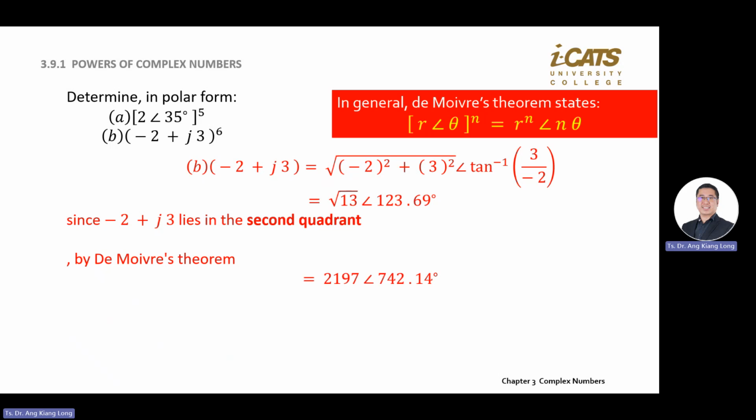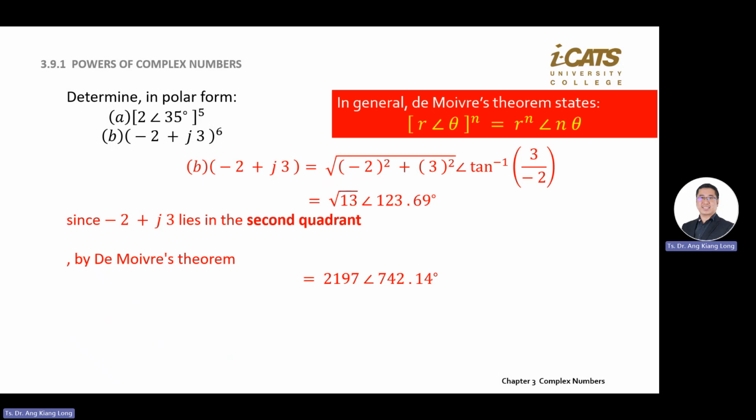So you have 700-something degrees, but 700-something just means that it goes a few cycles, circular motion. What is important is which quadrant it falls in, at what degree.